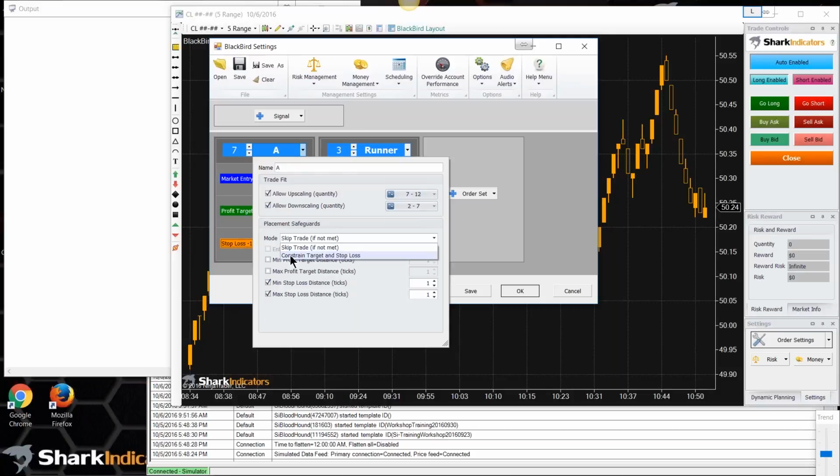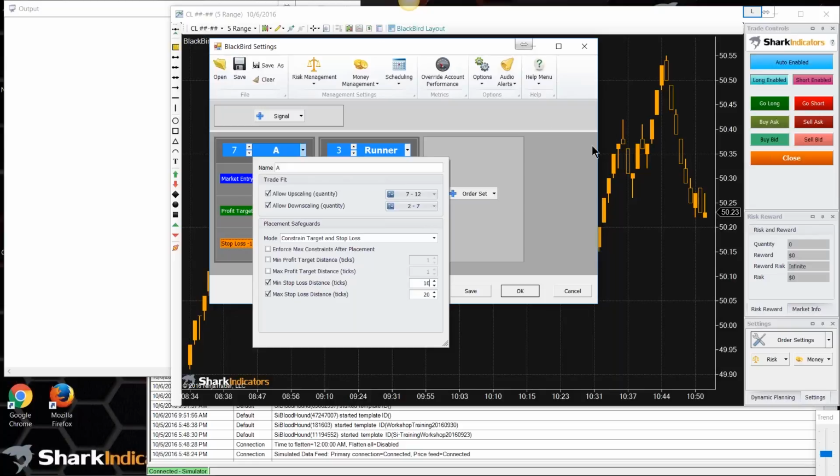or you can constrain your stop loss or even profit target. So you can constrain it. In other words, let's say in our trading we'll allow for a maximum stop loss of 20 ticks and a minimum stop loss of 10 ticks.